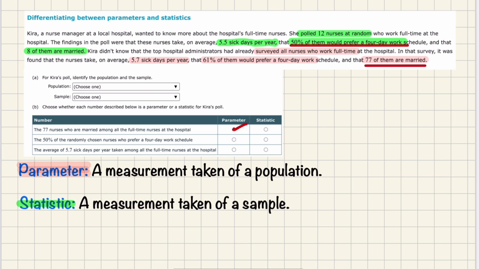And we're even told in the description that these are from the randomly chosen nurses in the sample. So this would be a statistic. And then lastly, we're asked about the average 5.7 sick days taken from all of the full-time nurses. And again, taken here from the entire population, this is a parameter.